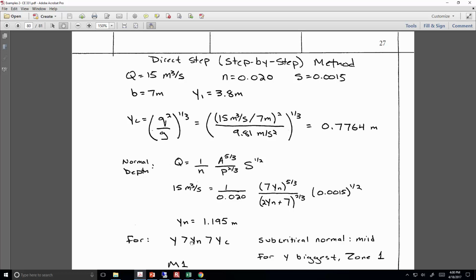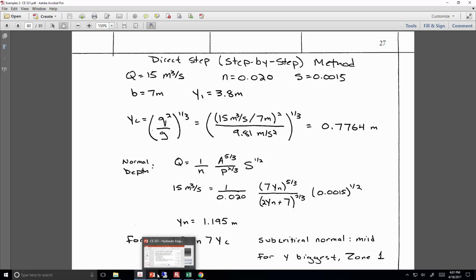So Yn is going to be greater than Yc the whole way. The normal depth and the critical depth aren't going to be changing. But what will be changing along the length of the water surface profile is the actual measured depth. And when the measured depth is equal to the normal depth, then it's no longer an M1 profile. At that point, it becomes uniform flow.